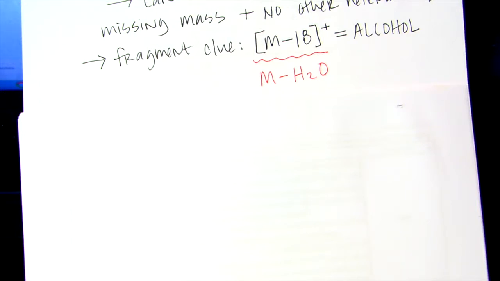So you can get hints, and it can give you enough information to propose a possible structure, but it's not always definitive. You're thinking, well, it could be this, but you're never really definitively getting a structure. Usually with mass spec, you're definitively getting a molecular formula, and then you can sometimes hint at what that structure might be based on your molecular formula using the fragment patterns.